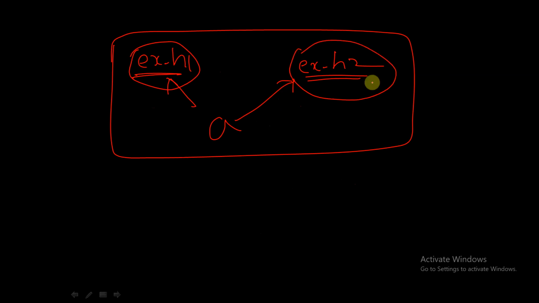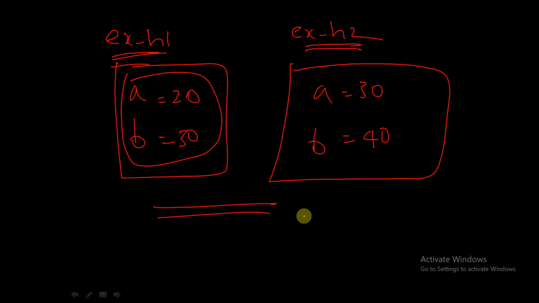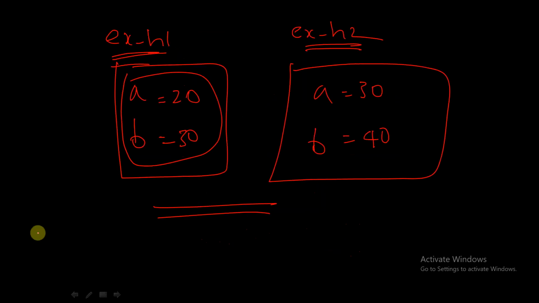So if you modify ex_h1.a equal to 30, and in another step perform ex_h2.a equal to 40, then this 30 will be overridden by 40, and in the two display statements you will get 40, 40. Is it clear?